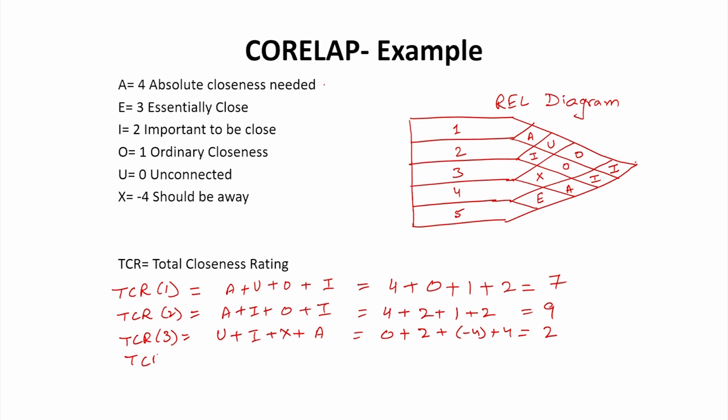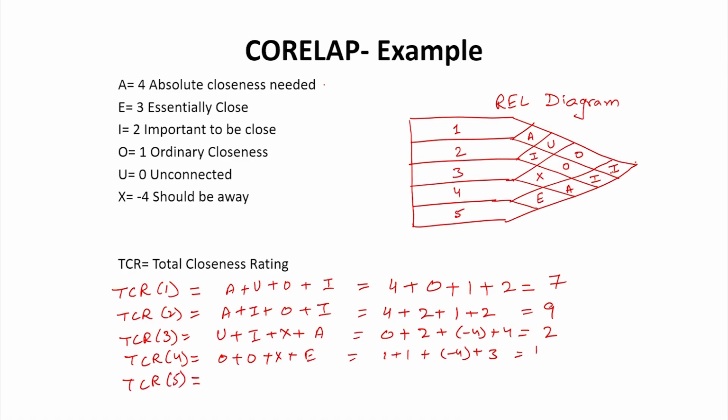Then similarly, I can find out the total closeness rating of 4. For 4, it is O, X, E: O plus X plus E. So, the score for this is 1 plus minus 4 plus E, which is 3. So, the score is 1. And then the TCR for department 5.